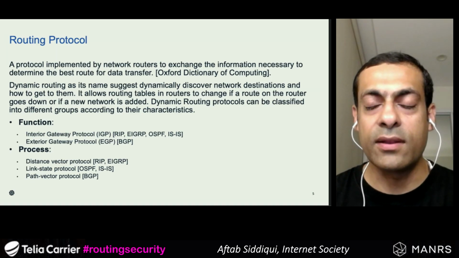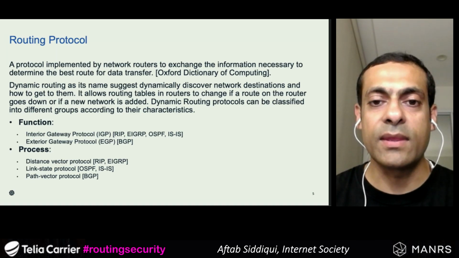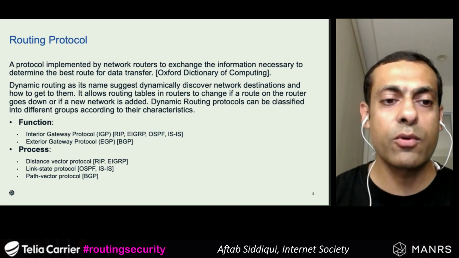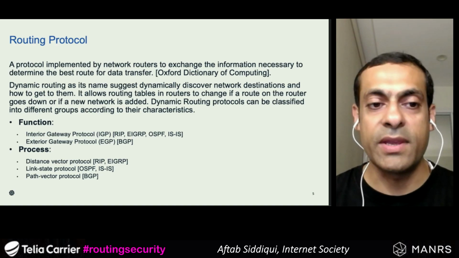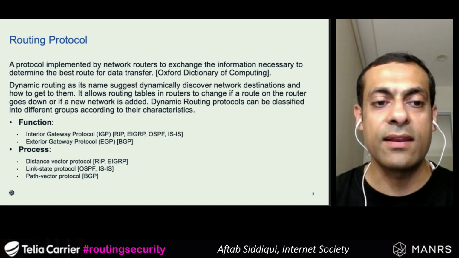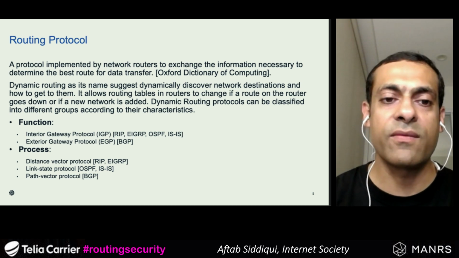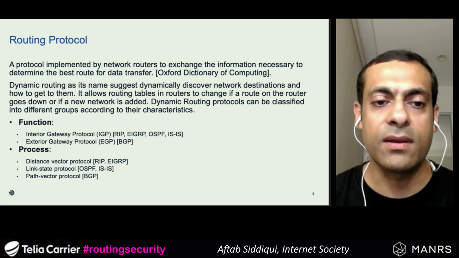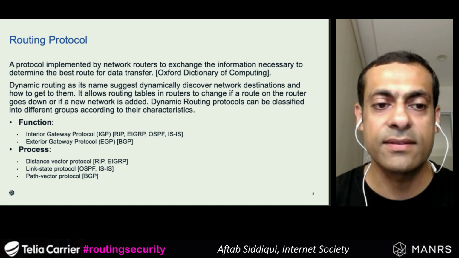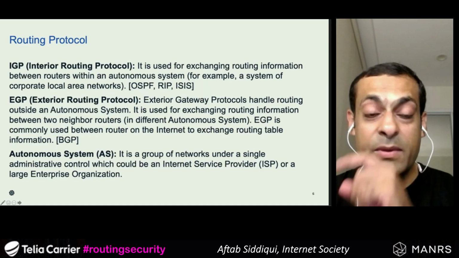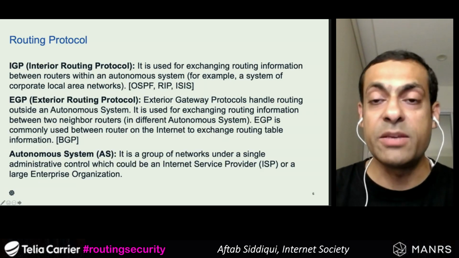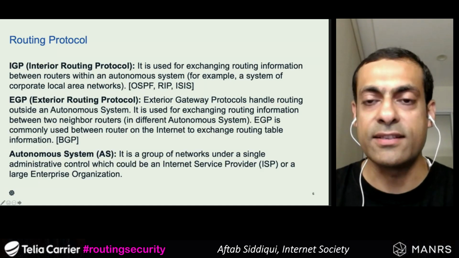There are two distinct types of protocols, the IGP, which is the interior gateway protocol, and the exterior gateway protocol. In the exterior side, we have only BGP at the moment. And in the interior gateway protocol, you must have heard about a couple of them, RIPng, EIGRP, OSPF, and IS-IS. But we will be talking about BGP today extensively.